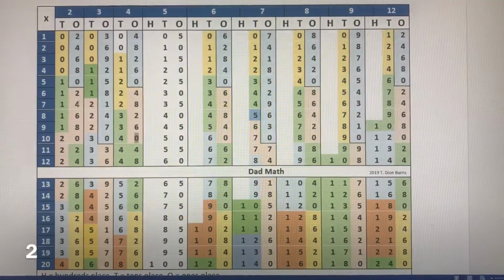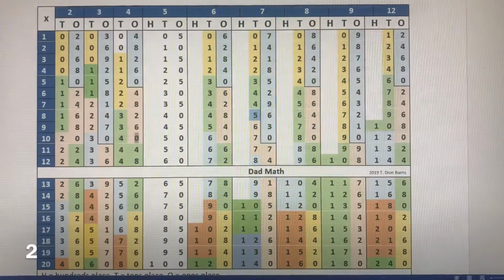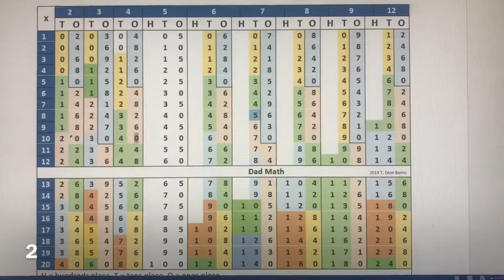Now the 2's are very easy. You just count by 2's. 2, 4, 6, 8, 10, 12. But I'm just showing you the patterns. So if I ask you what is 2 times 9 and you say 18. Great. The pattern is 2, 4, 6, 8. So the next answer is going to end in 0.